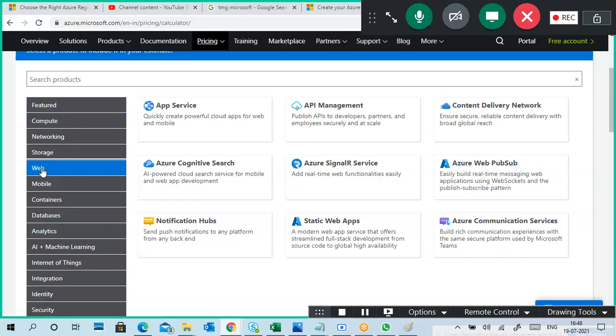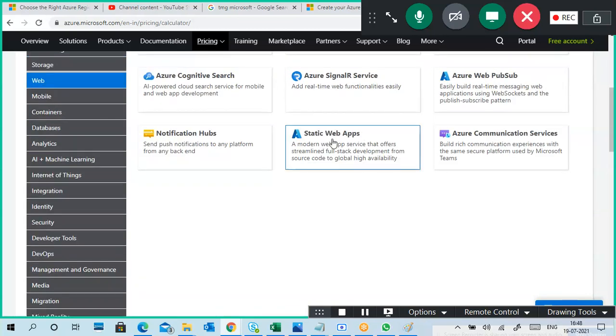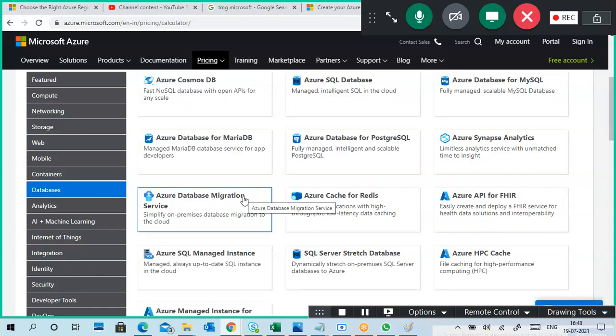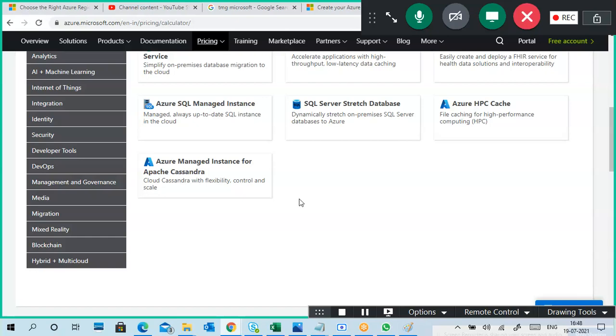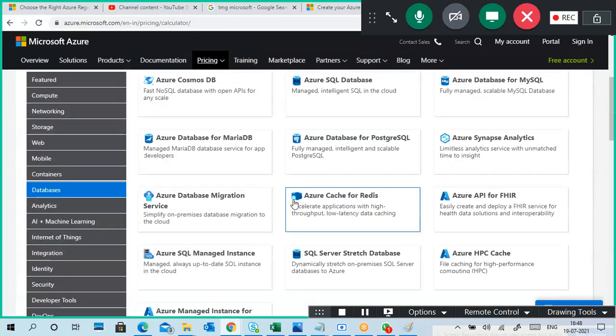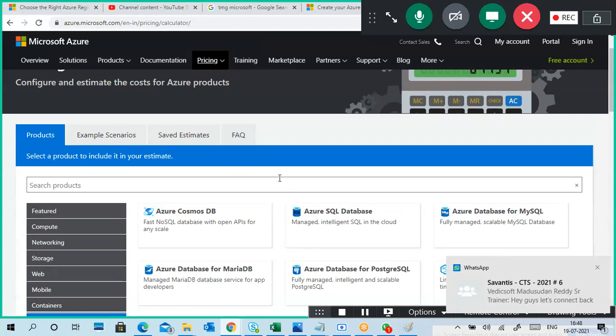Web application related things: for example, I want to create a static website or a dynamic website. I can create it without worrying about what happens if I cross the limitations.